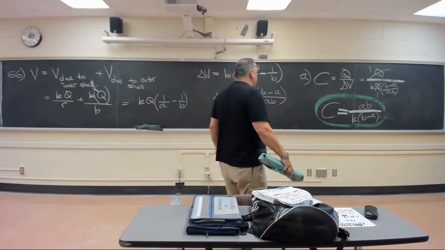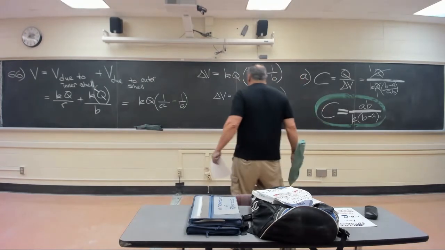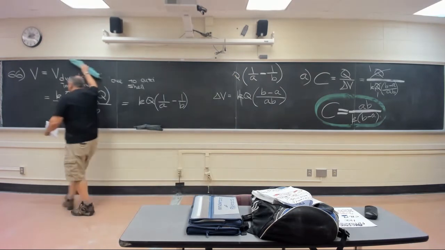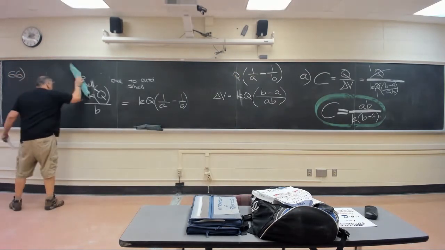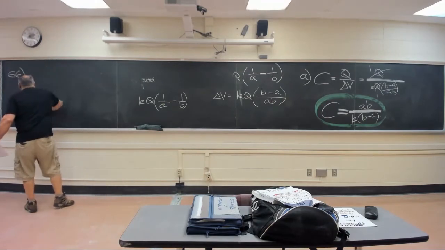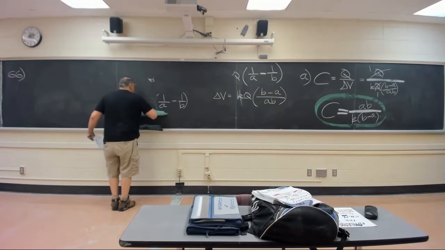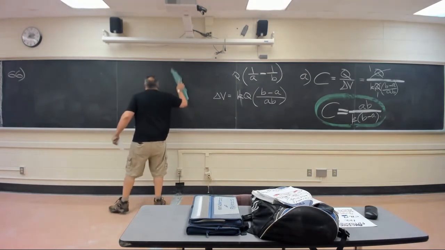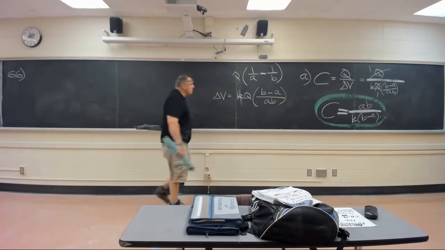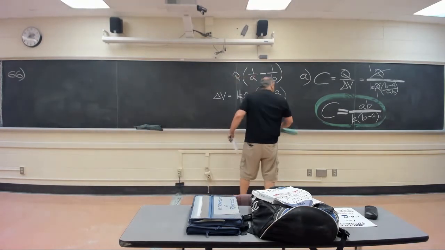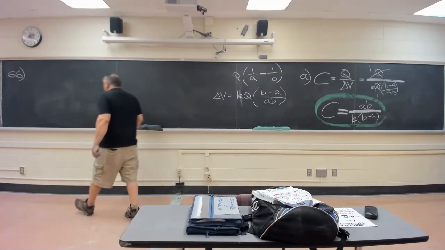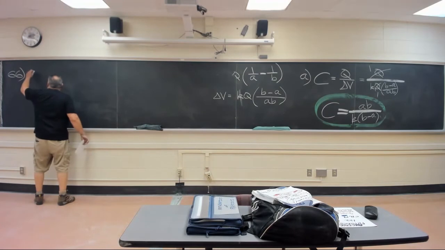B goes toward infinity in a sense. I'm going to use that equation and hopefully pull it off that way. So what you can say for B, C equals AB over K times the difference B minus A.